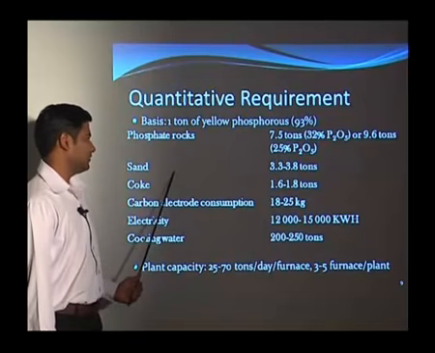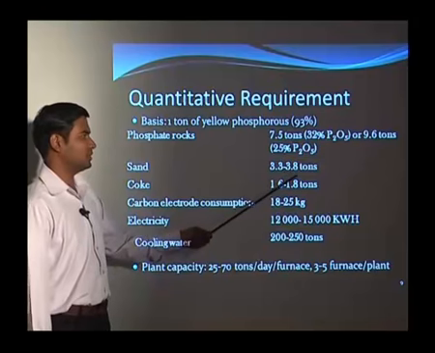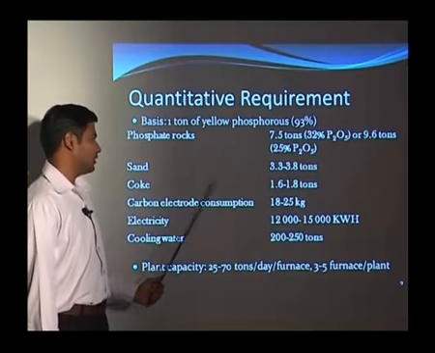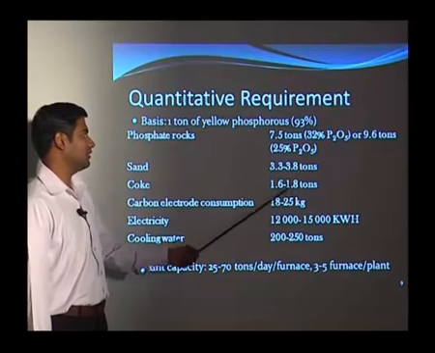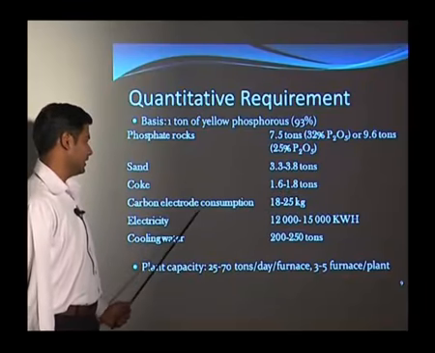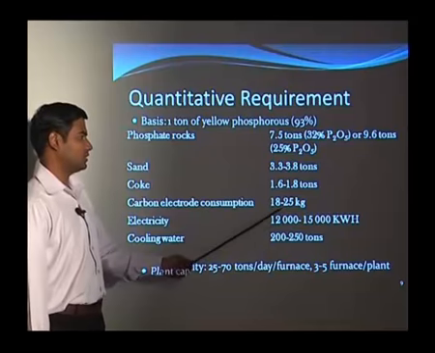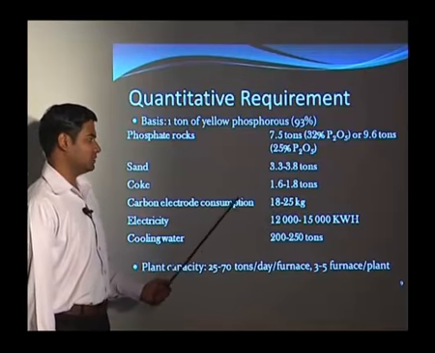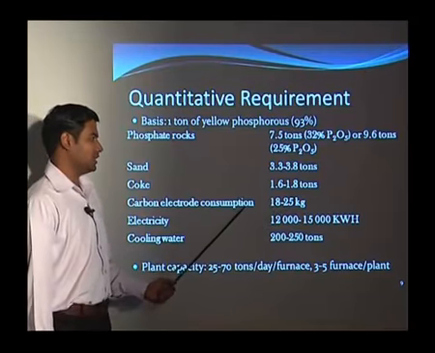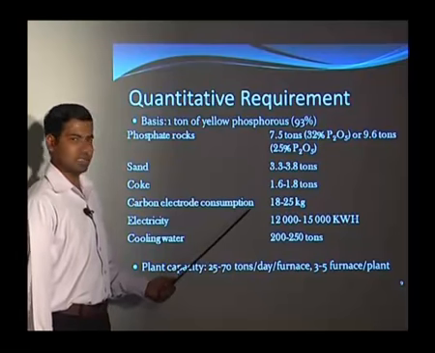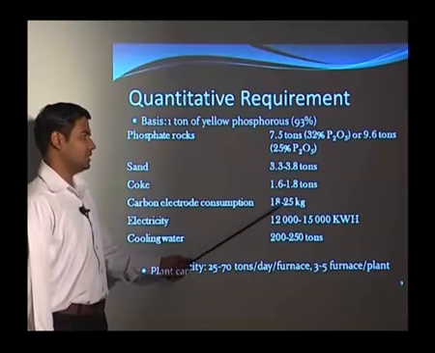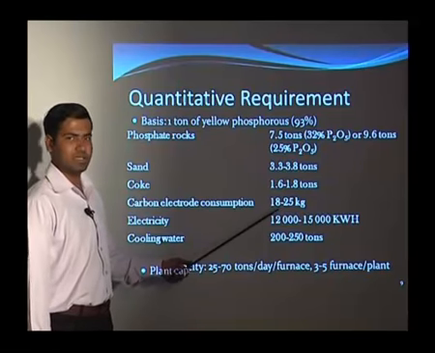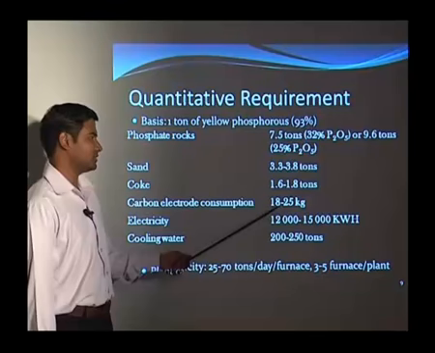Then for the sand flux we want 3.3 to 3.8 tons, and the coke you will utilize is 1.6 to 1.8 tons for 1 ton of yellow phosphorus production. Then the carbon electrode consumption is 80 to 25 kg, and this is mainly required to reach the reaction temperature. We use carbon electrodes which produce the heat that will ignite the reactor so the reaction can take place.